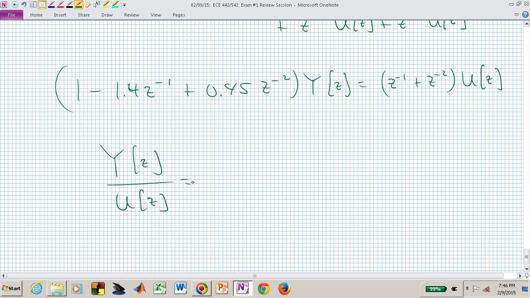sometimes students get confused as far as the transfer function. They put u over y. No, it's y over u. That's the g of z.